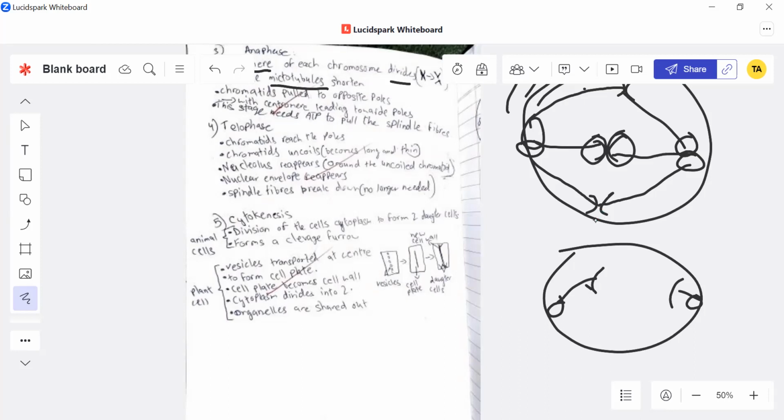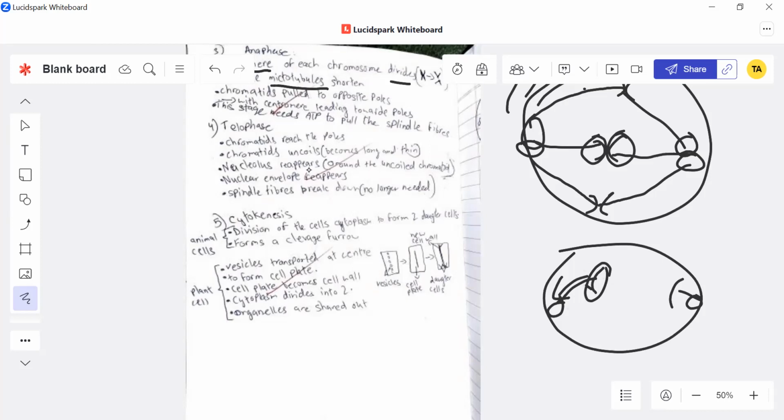So in order for the centromere to pull the chromatid, you need ATP. You need ATP to shorten the spindle fibers, and the chromatids will move to the opposite ends. So this was anaphase.